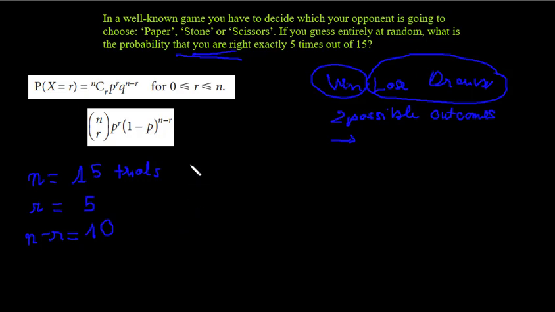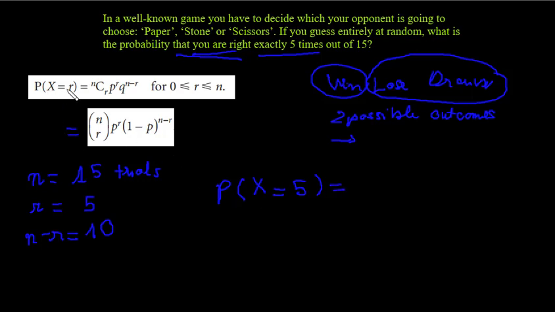As I said before in the previous slide, p is the probability that we are going to succeed, and q is the probability that you are going to fail. q is fail, p is success, and p plus q equals 1, so these two equations are the same. And the bracket n over r is just another way to show nCr. Now we have our r equal to 5, so they say exactly 5 times, X equals 5.